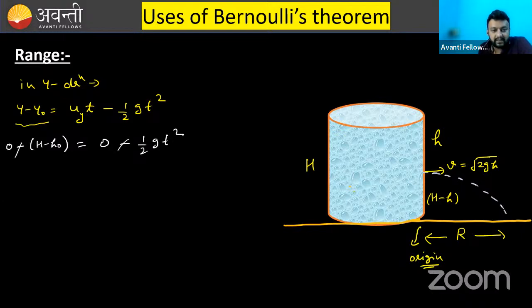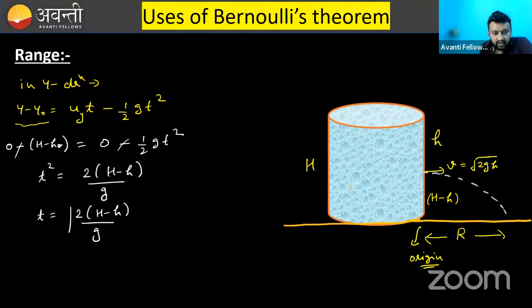Minus and minus will get cancelled out. t square is equal to 2 times H minus h divided by g. So t is equal to the square root of 2 times H minus h divided by g. This is the time taken by the liquid to reach the ground.